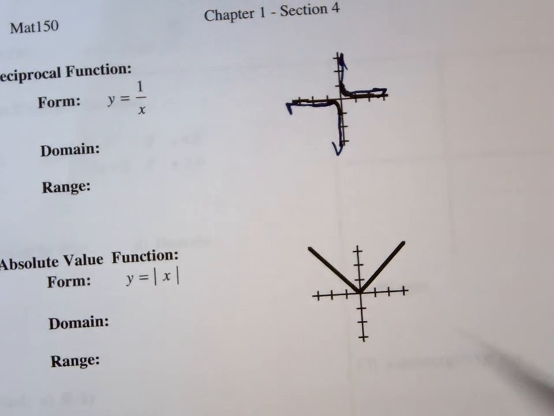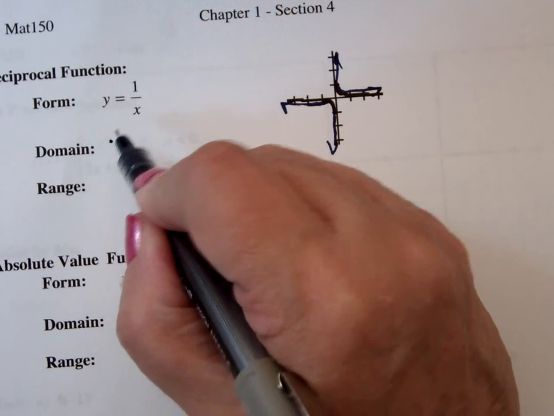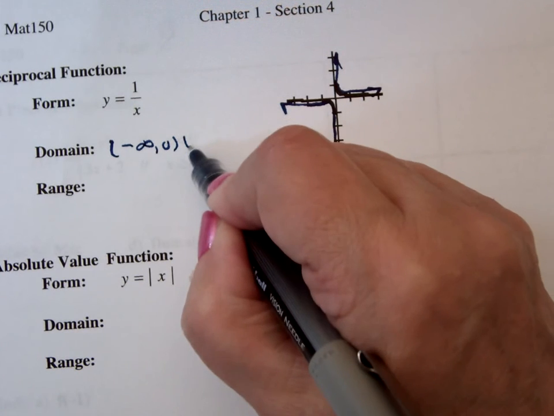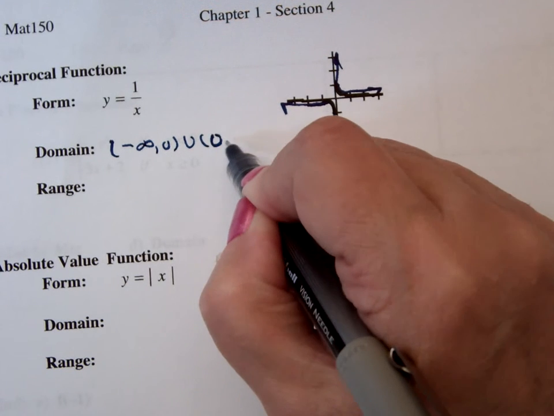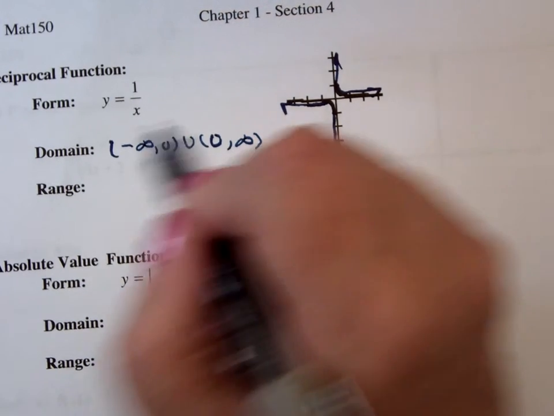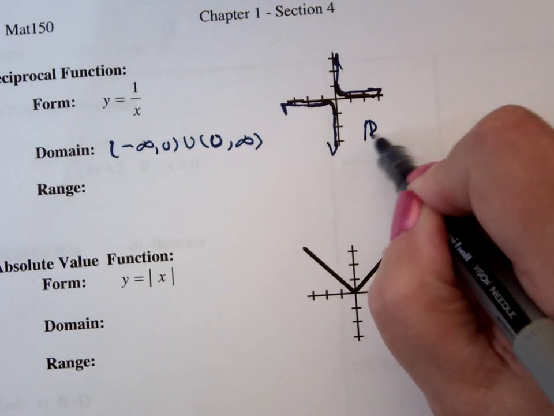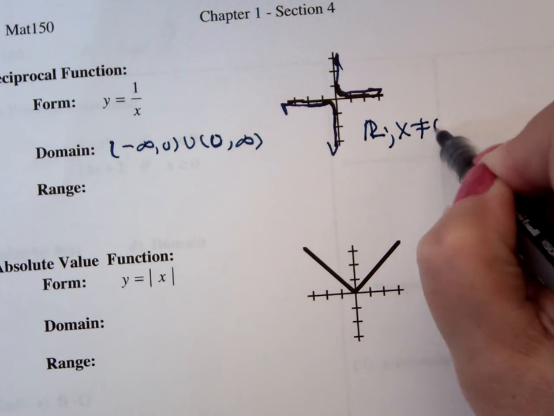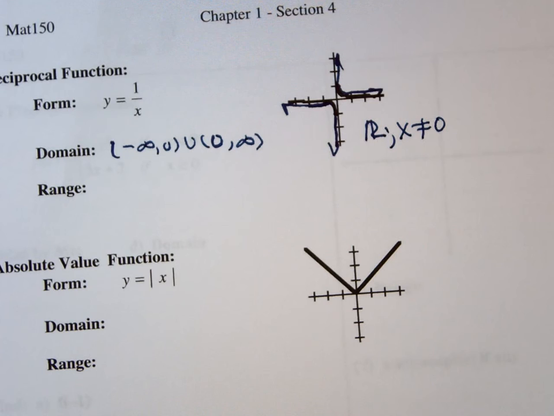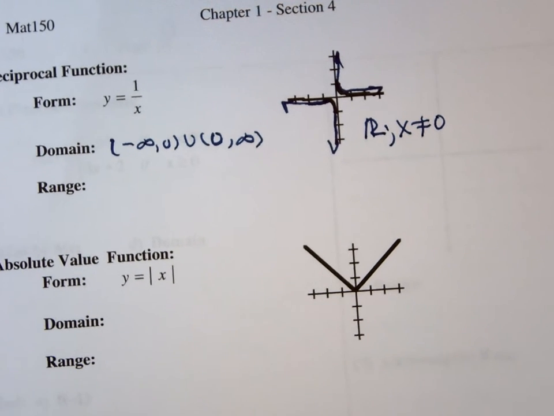What's his domain? Negative infinity to 0, and 0 to infinity. Another way of writing this, of course, is all real numbers, x can't be 0. Either way. Depends upon what we're doing with it how we're going to write it, actually.